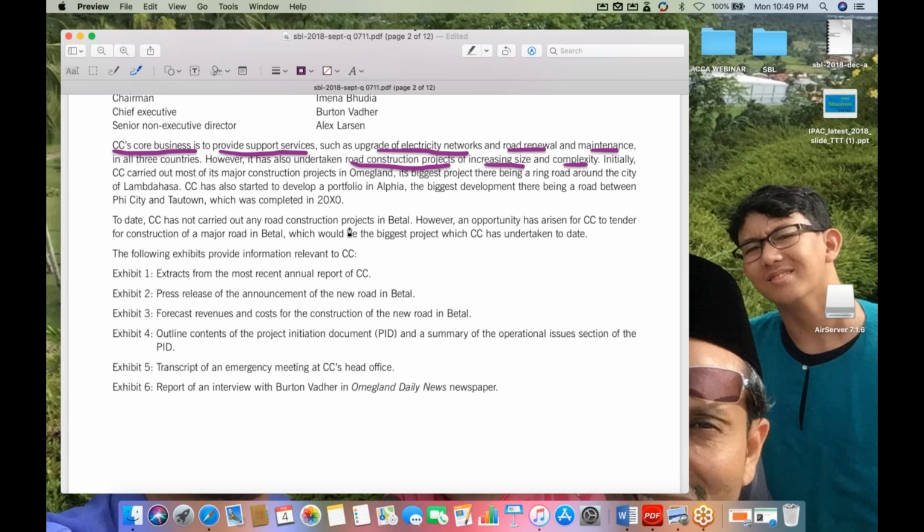They have not done it in Beetle, all right? However, opportunities have arisen for CC to tender for construction of a major road in Beetle, which would be the biggest project which CC has undertaken to date. What does this particular information tell you?